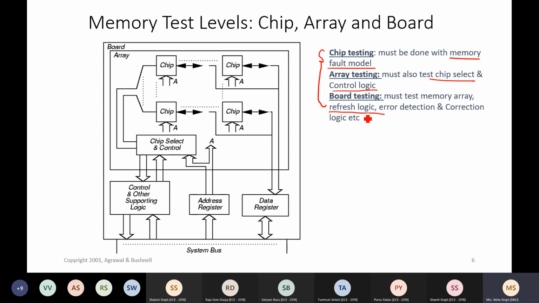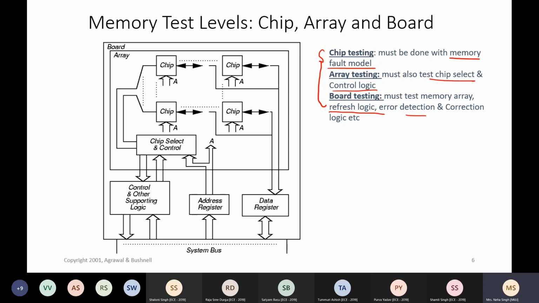For example, testing the refresh logic: as soon as refresh is enabled, is all the memory becoming zero or not. Again, error detection and correction logic. This is generally an added circuit which is required to identify the location of the memory. Have you studied information theory and coding? No, not yet. You will be doing it in the next semester, maybe 7th semester, where you will study how these codes are executed so that they can identify how many bits are in error and which location of the bit is in error.